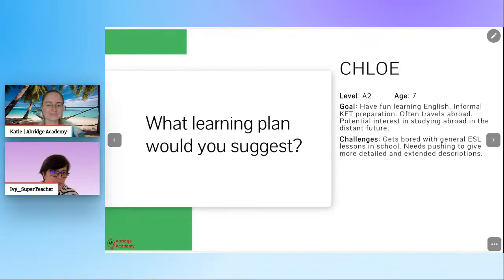She's only 7, so she might give one word replies, right? But if you incorporate her toys into the lesson or something she really loves, I'm sure she would be more than happy to have more play based lessons of role play to prompt her for more output and to give more detail and expanded descriptions.